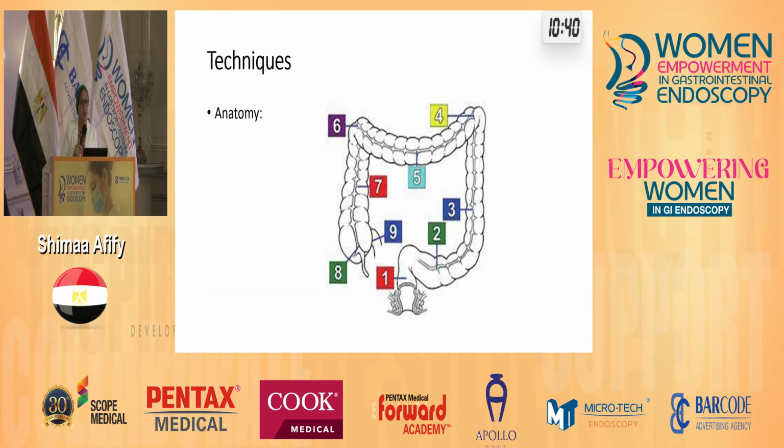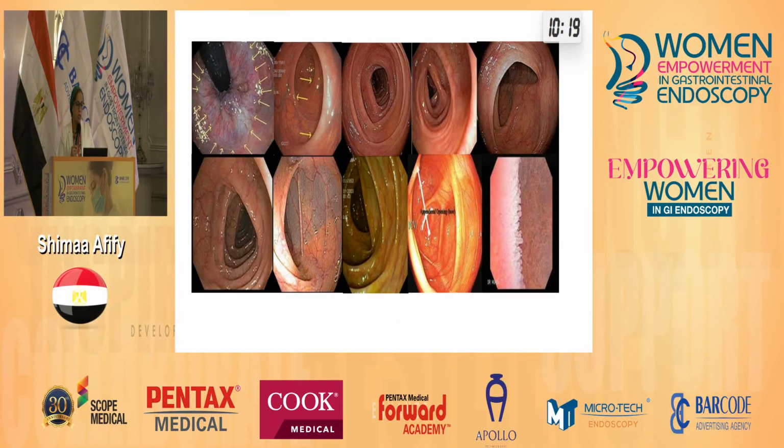Second to learn, after watching and observing many cases, is to know exactly the anatomy of the colon. As we see here, the colon is composed of at least 9 parts, and these will also help us in documenting the colonoscopy during examination. Every landmark of the colon you have to know very well so that you can know exactly where you are during the endoscopy.